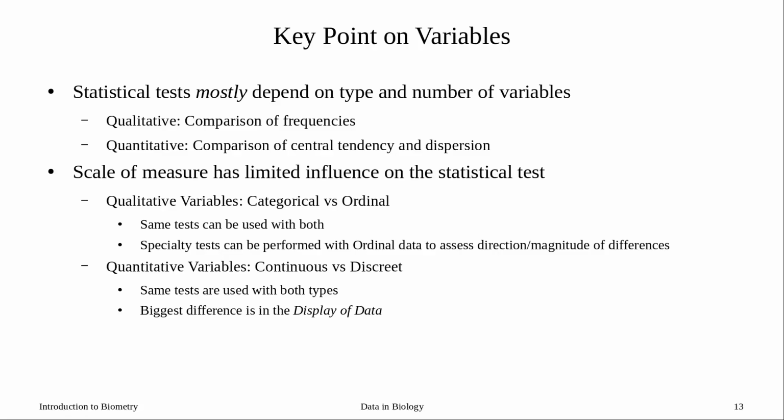So ANOVA, T-test, they can be used whether we're working with continuous or discrete variables. The biggest difference is usually in how we display the data. So if we have discrete data, it doesn't really make sense to do a lot of box and whiskers plots, so doing a mean and then variances, because normally we're doing counts. That's what we have for the discrete variables. And we could talk about it. If you have questions, feel free to come and talk to me.